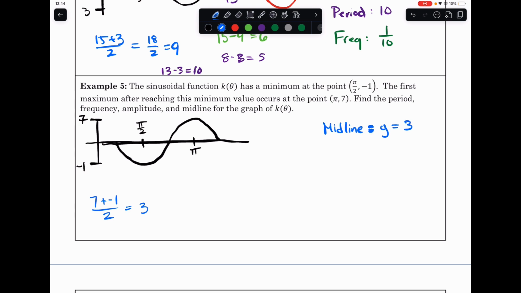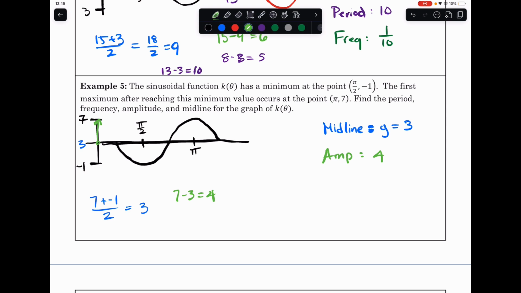So our midline is 3. And our amplitude would be the distance from this middle value of 3 to the maximum, or I could go downward to the minimum, which is going to be 4. 7 minus 3 equals 4. So that's our amplitude.